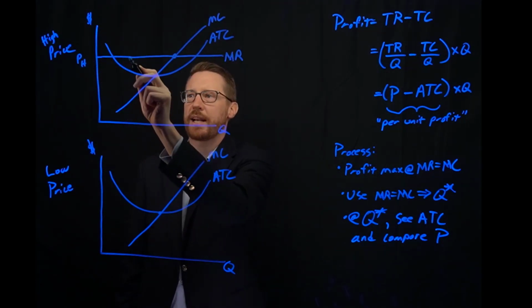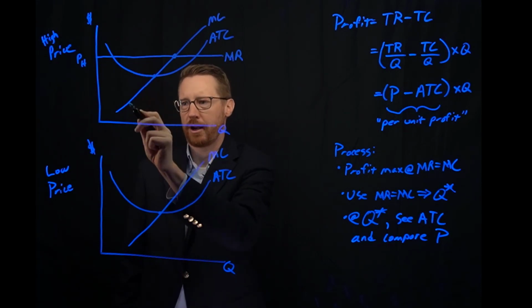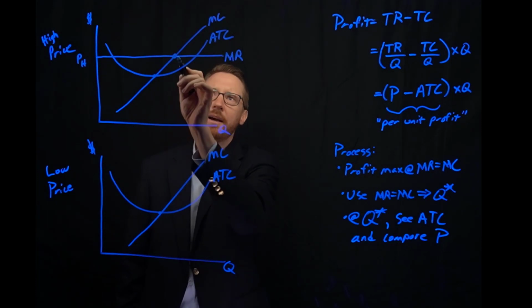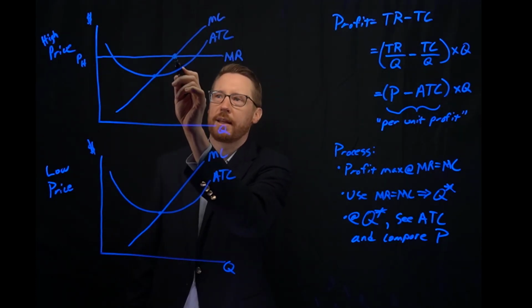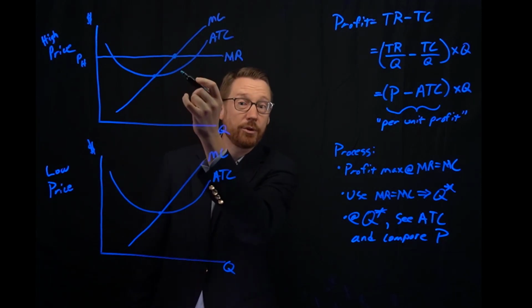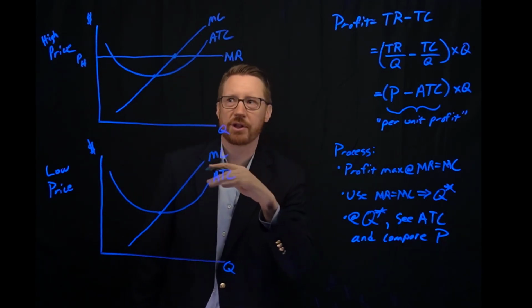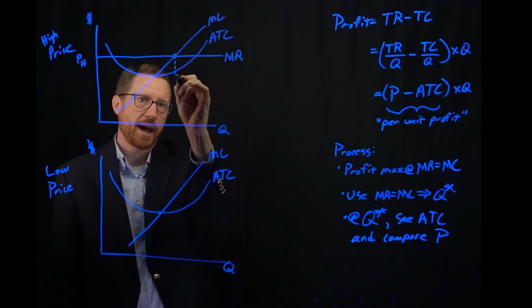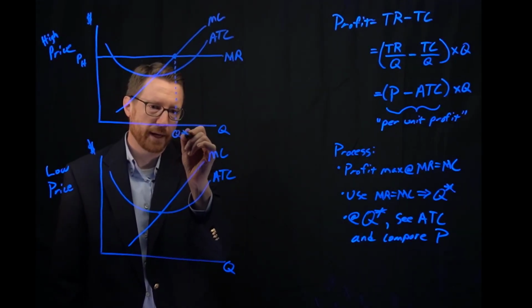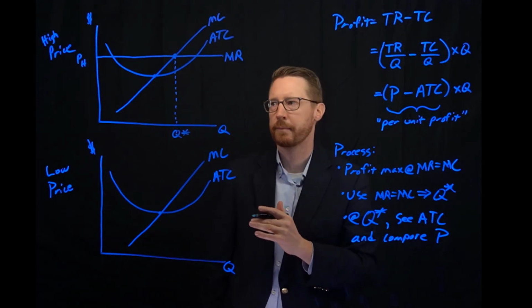What about a second unit? I can get this high price, cost is still relatively low. Yep, produce it. They just keep going until eventually they say, what's my revenue from the next unit and what's my cost? Those are equal to each other. Okay, that's where I'll stop. So that gives us their optimal quantity Q star.